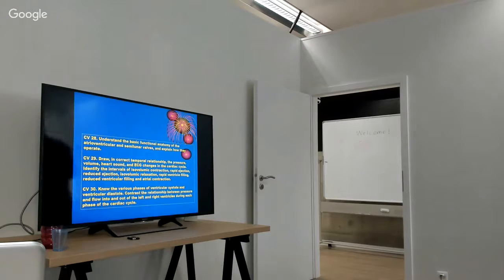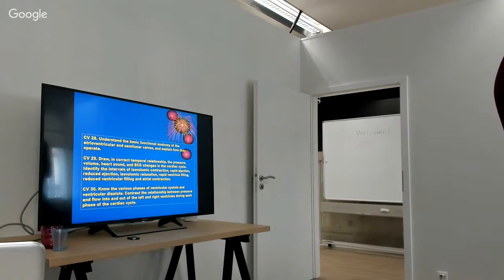I would say one more thing about the atrioventricular valve closure. When we have the atrial systole, the valve is already open, okay? The atrial systole pushes a little bit of blood into the ventricle, making turbulence. This turbulence pushes up the leaflets, and the valve is in a semi-closed position.